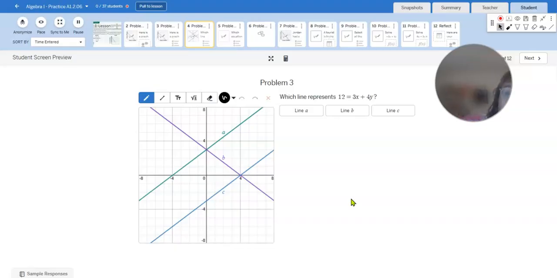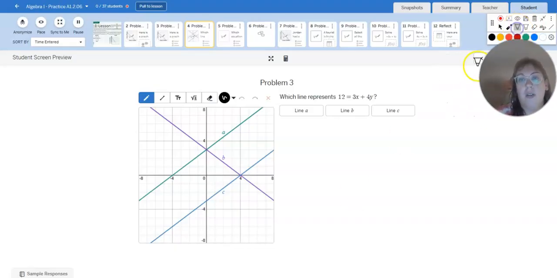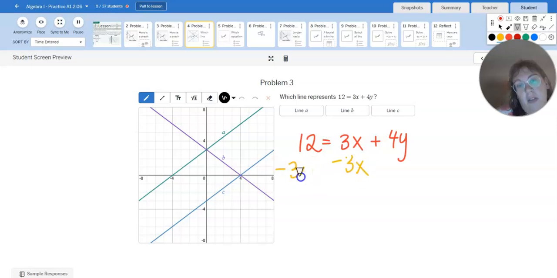Which line represents 12 equals 3x plus 4y? So I'm going to take this equation and I'm going to solve it for y, because that helps me figure out what the y-intercept is, and then we can think about the slope. So I'm going to subtract my x term.